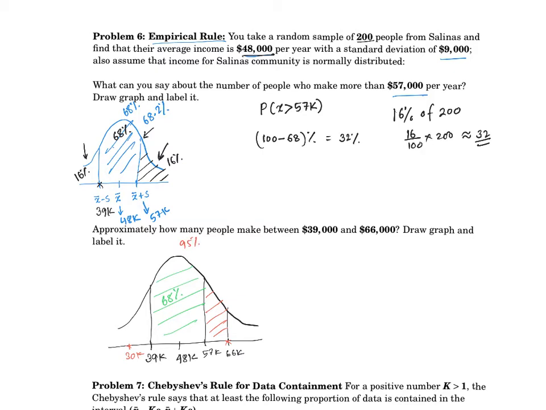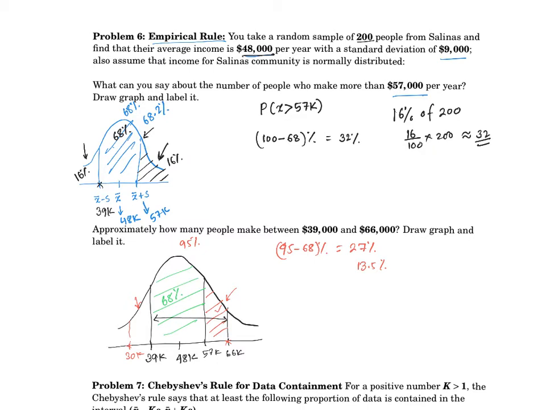So the middle green portion is 68%, so 95 minus 68 is, by the way, 27%. That 27% is going to be this red shaded region and this unshaded region. Now they are equally distributed, so half of that is this red shaded region on the right, which is 13.5%.